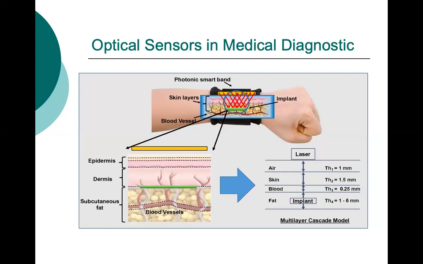So for the example of oxygen level that we discussed from the beginning, I think it's just an interaction between the photon and the oxygen in the blood. But here it is quite specific because there is an implant already in the body, and the photon from the smart band is interacting with the implant to give the information that the machine wants.